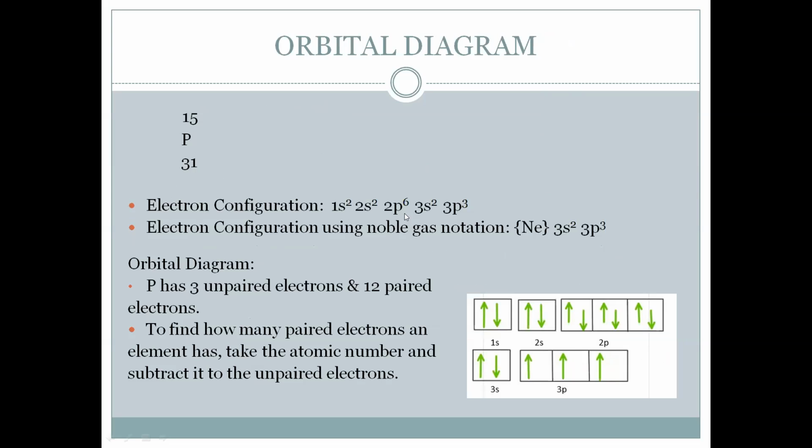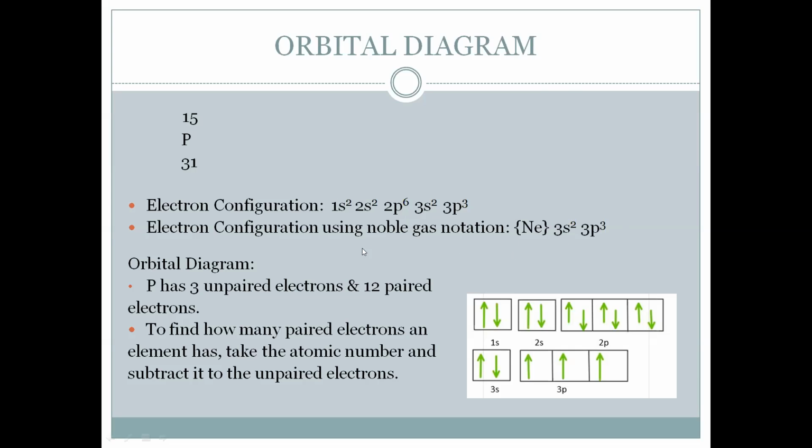To do that, we need to use the noble gas notation. How do we do that? The first step is to find a noble gas that has a close and lower atomic number than 15. Once you find that noble gas, you put it inside parentheses and write down what is left in the electron configuration.